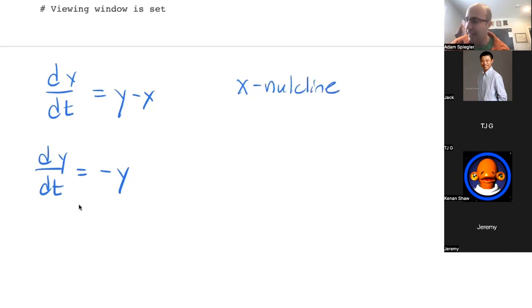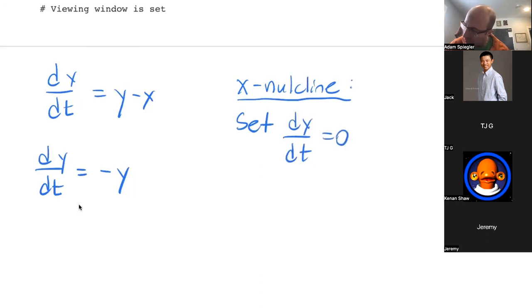So for an x-nullcline, how we identify these is we set dx dt equal to 0 and solve. There may be more than one x-nullcline or y-nullcline, so we want to find them all. In this case, we just have one of each.